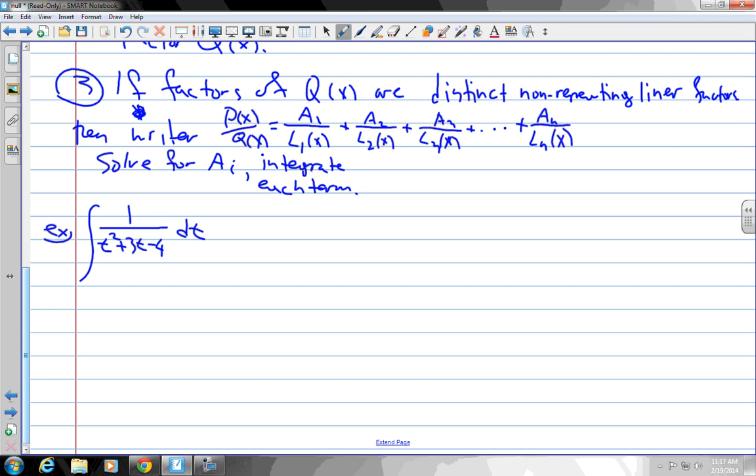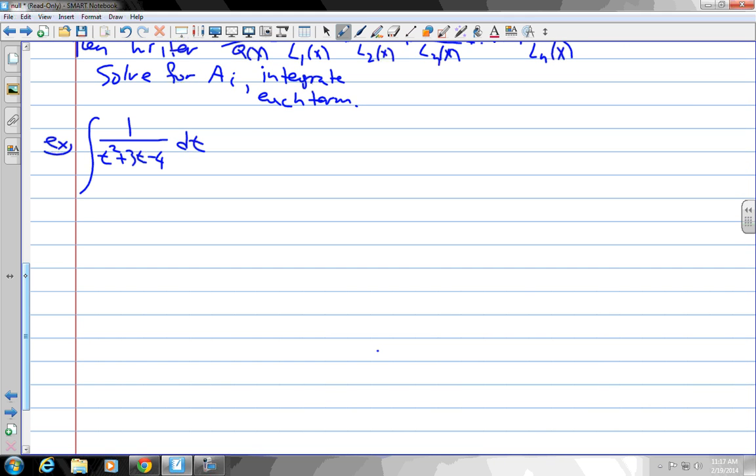The numerator's degree is less than the denominator's. So I'm going to start by factoring this denominator and see what happens. What does it factor into? Right, t plus 4, t minus 1.